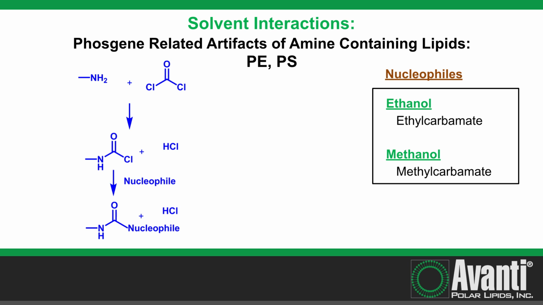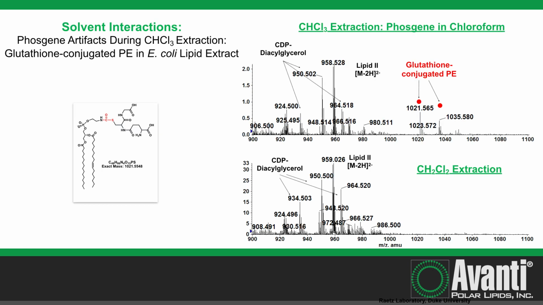And a specific example really came from the work of Chris Rates, where he found it reacting with another nucleophile. And that's illustrated here, where you have 2 mass spectra. One is an extraction of a bacterial lipid extract with chloroform, and the bottom one is from methylene chloride.